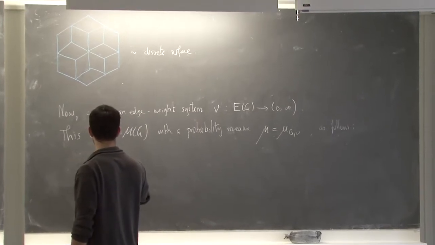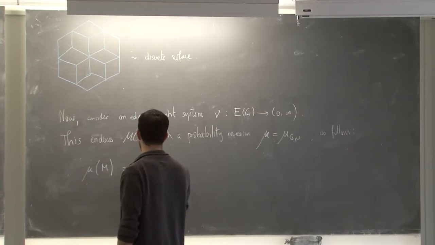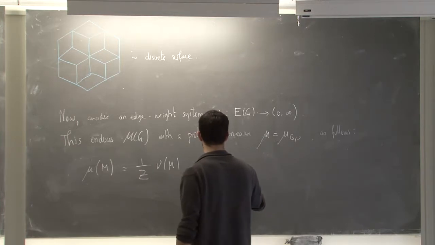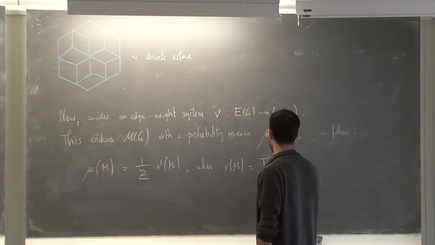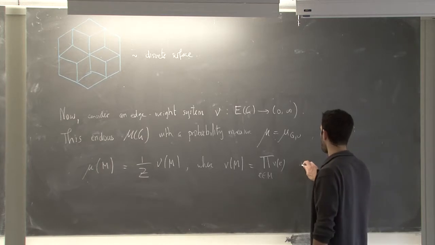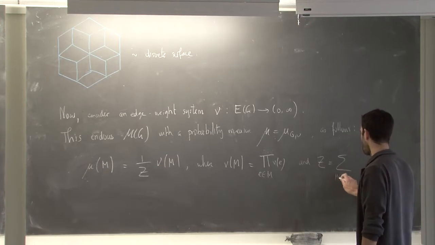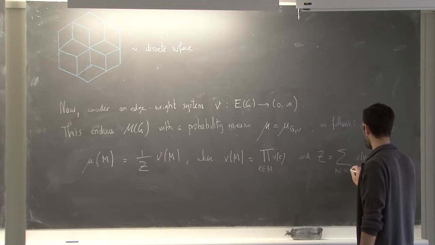So mu of some matching m will be equal to 1 over Z times nu of m, where nu of m is the product of the weights of all the edges in the perfect matching, and of course Z is the sum over all perfect matchings of the corresponding weight.